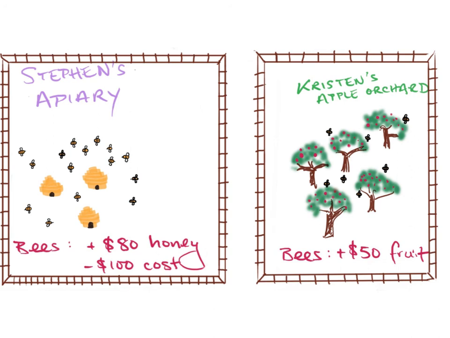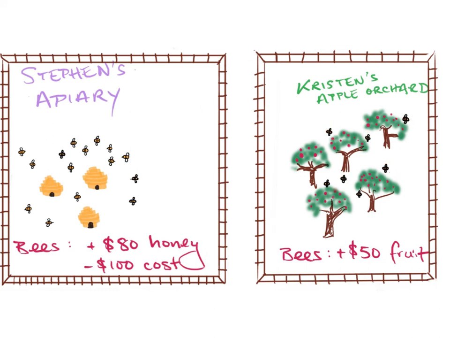But remember, the other thing that honeybees do is they pollinate, right? They fly around to neighboring flowers. They go to the neighbor's orchard. And so here's Kristen's apple orchard. You see those little things up here around the apples?